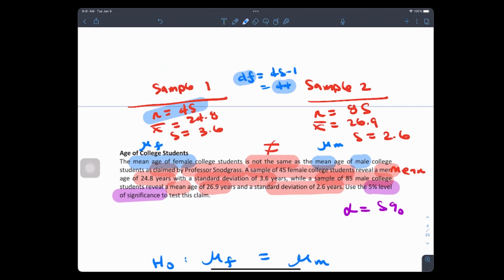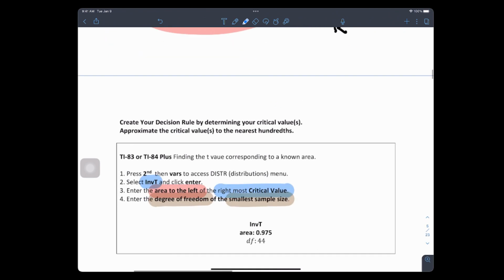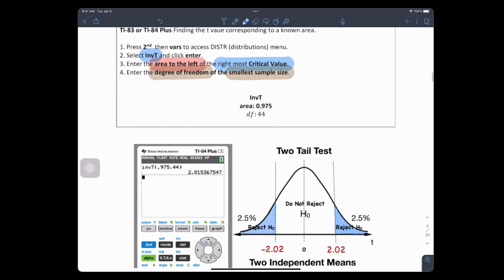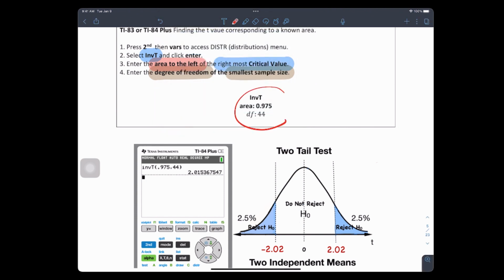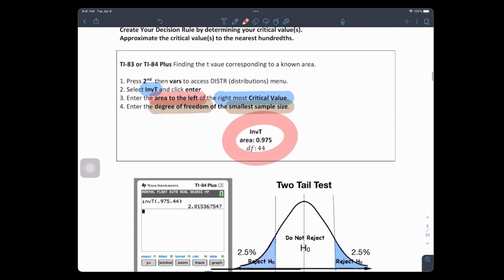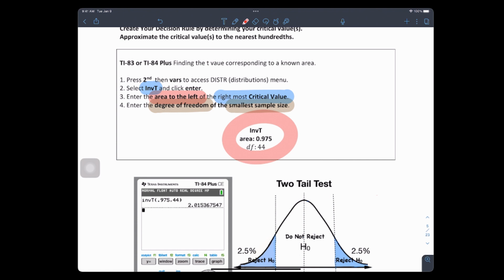So that's why it's 44. So if you look at the instructions, you go, oh, okay, inverse T. I just followed the instructions that I'm saying to you. So the degree of freedom is the smallest sample size minus 1. Which one's smaller, 45 or 85? 45. So this is going to give you your critical values.